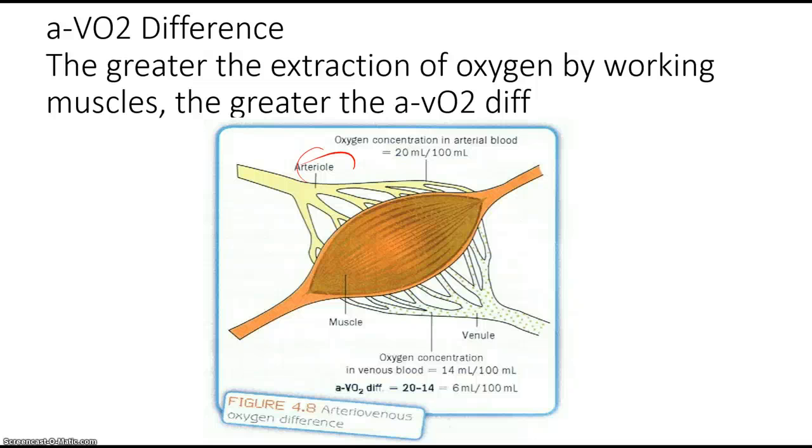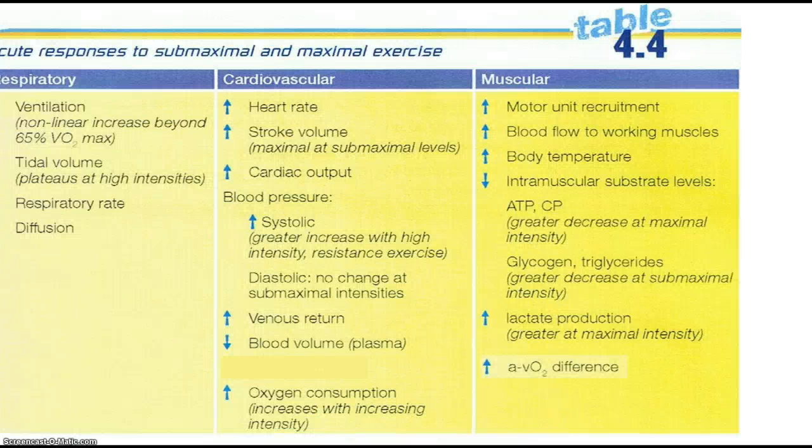So you can see there, we started with 20 milliliters per 100 of oxygen in the blood, and then we're left with 6 milliliters per 100, so that shows that the muscle has used 14 milliliters, and that's just to show you that one. Obviously, we'll do that in a little bit more detail in class.